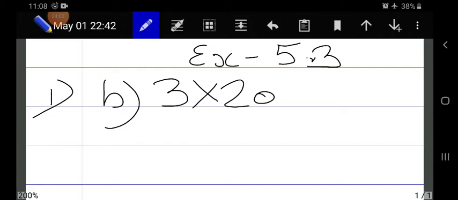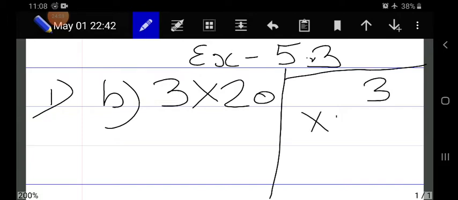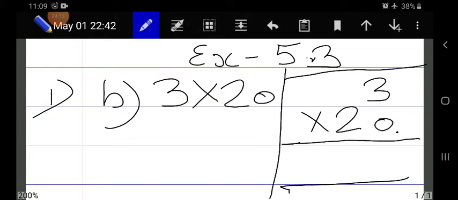So we are going to write it here. I am not having space here, that's why I am writing here. 3 multiply by 20. 0 3s are 0, 2 3s are 6. So the answer is 60. Done.